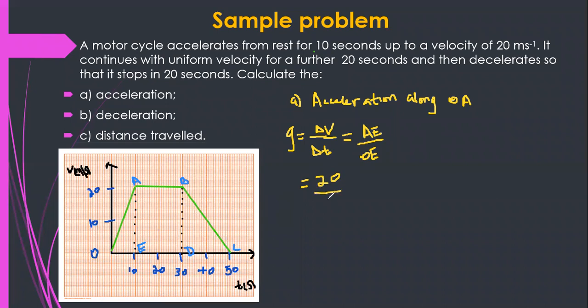So divided by this, 10. So we divide by 10, and then when we do our division, we should have 2. And then we put the unit, 2 meters per second squared. This is the acceleration along OA. So this is the acceleration for the journey.